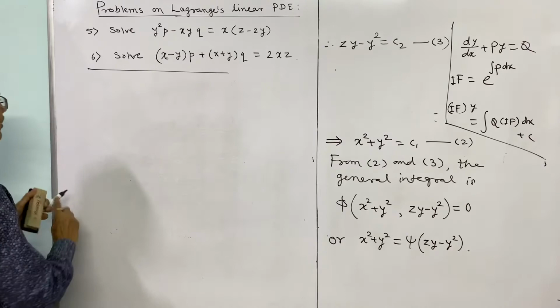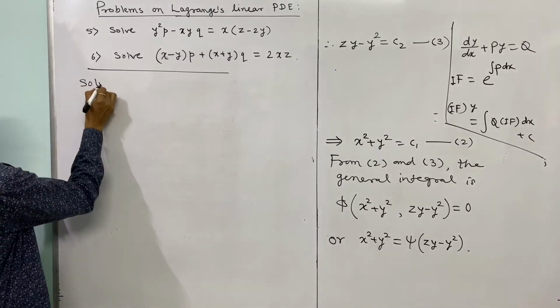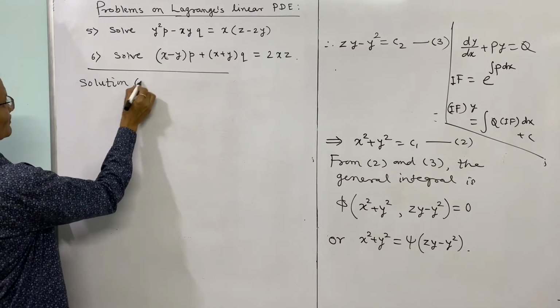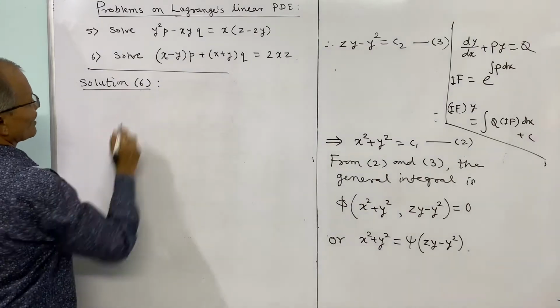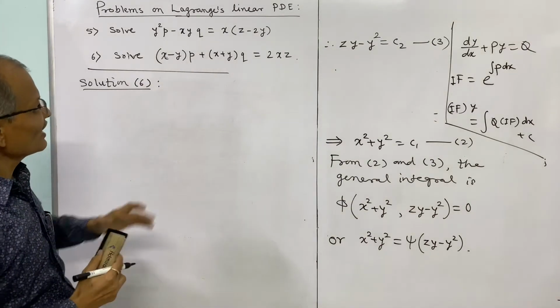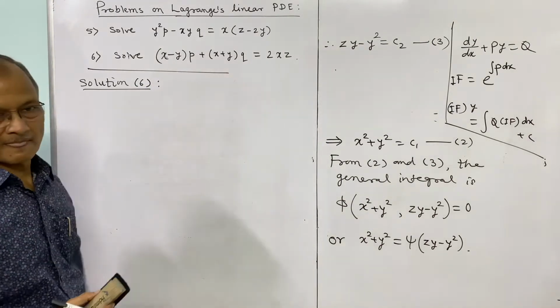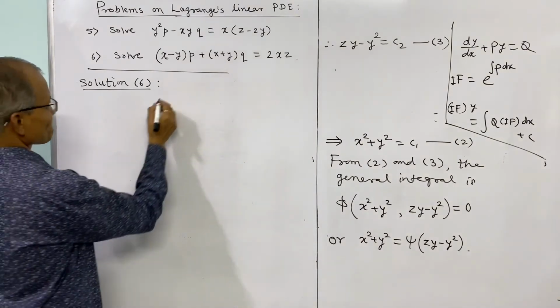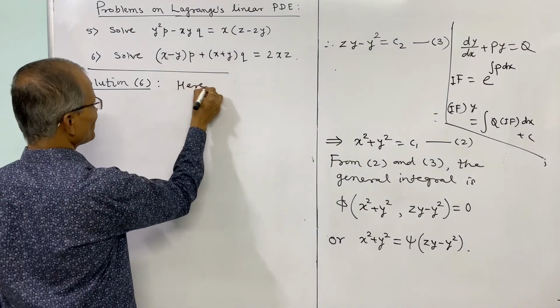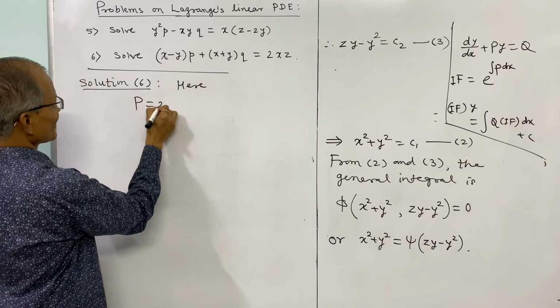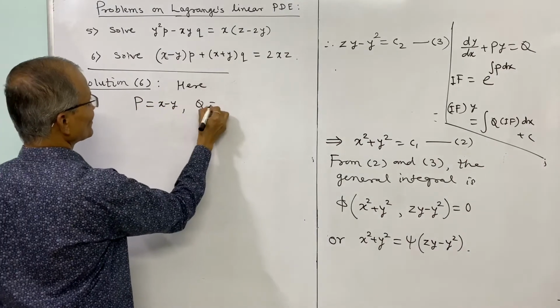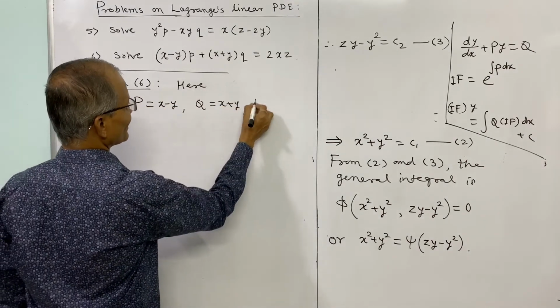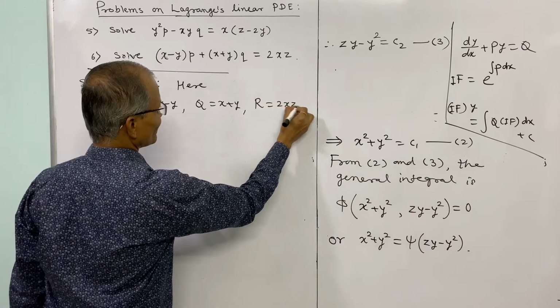Now the solution for sixth problem. So we shall write directly the Lagrange's auxiliary equations are. Here what is P? Capital P is x minus y, capital Q is x plus y, and capital R is 2xz.